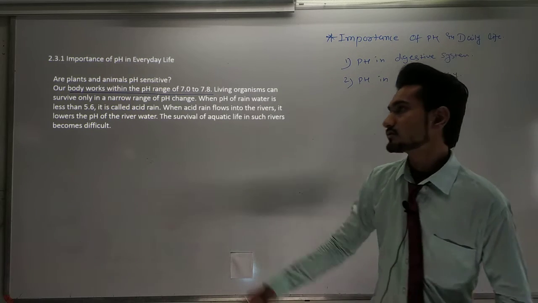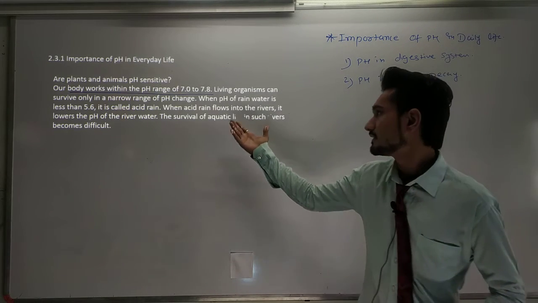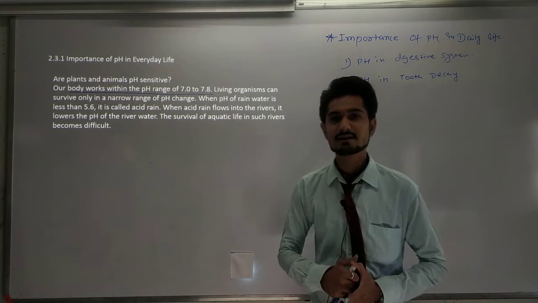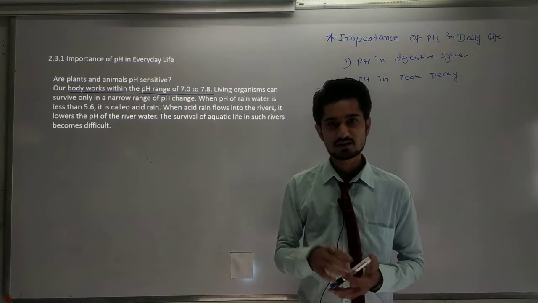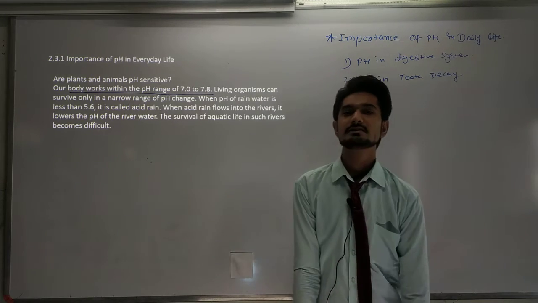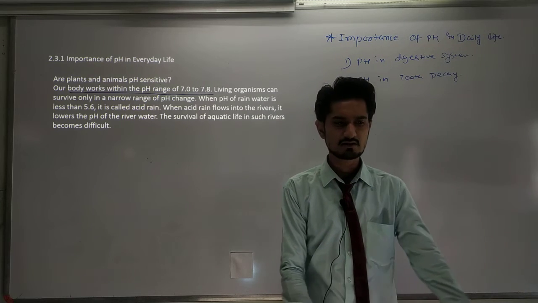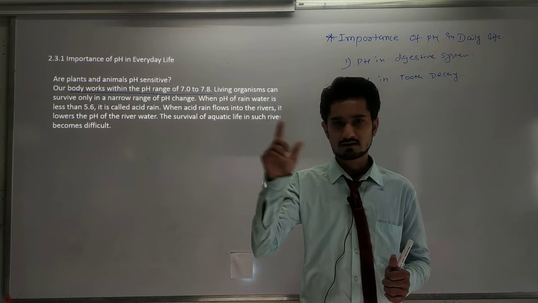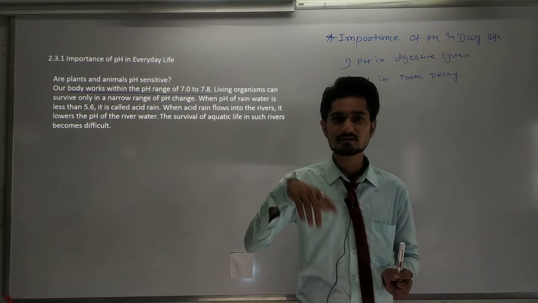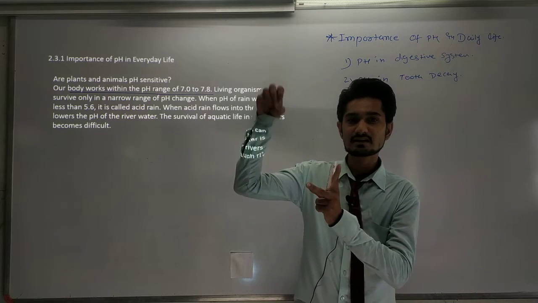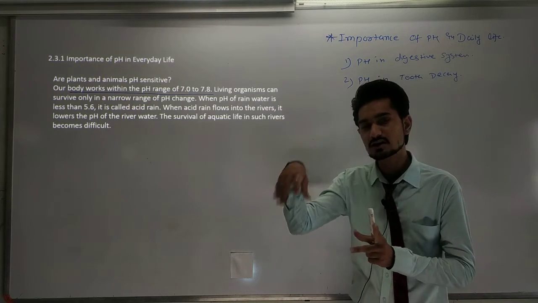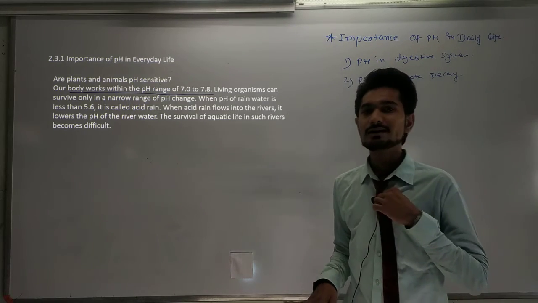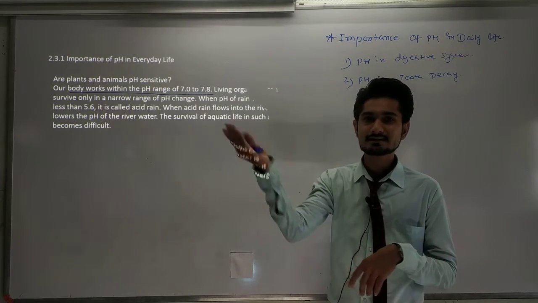Here is an example. What happens when the pH of rainwater is less than 5.6, when acid rain happens? We already understood in the 8th or 6th standard that acid rain occurs when the atmosphere's acidic air merges with the rain that drops down on the earth. It goes to the soil or to the water and creates acidic rain.